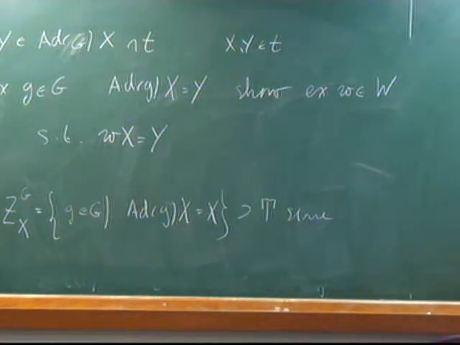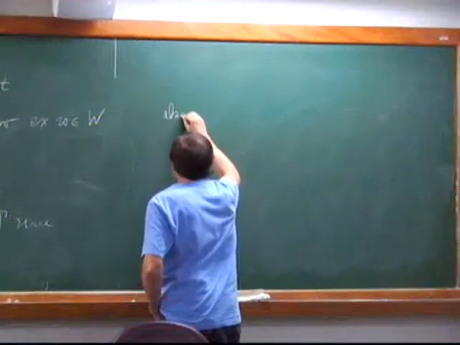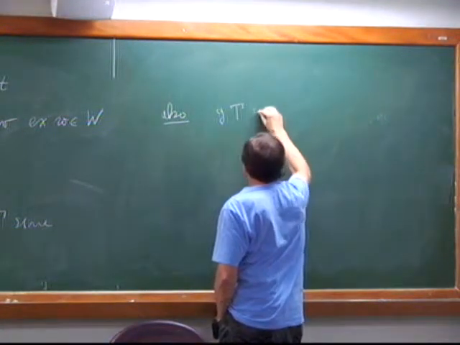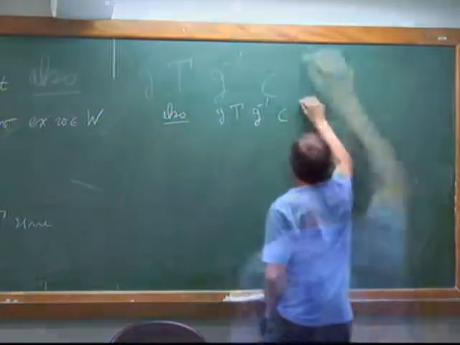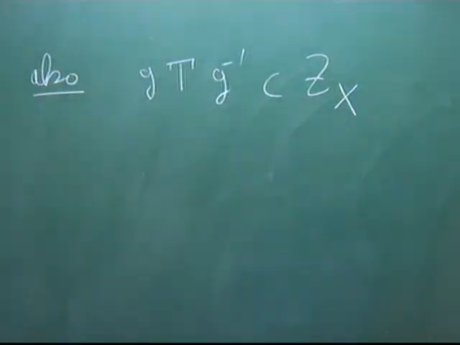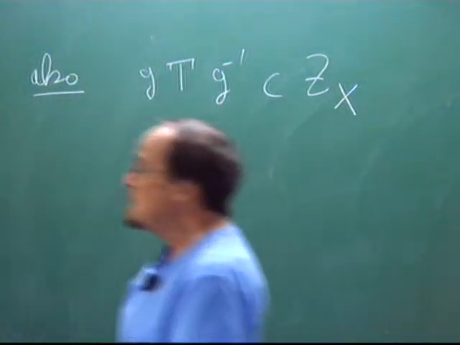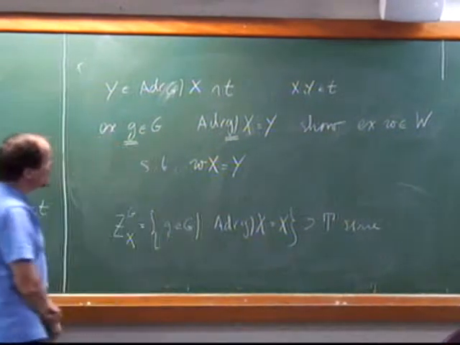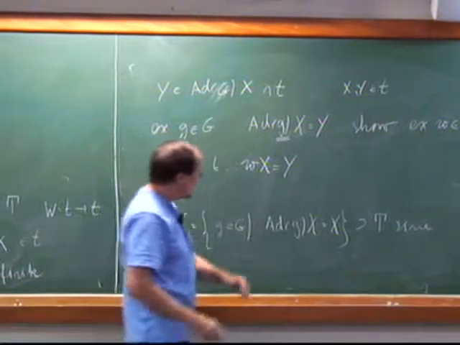And now I claim it also contains g T g inverse, the conjugate. That's also in the centralizer of x, where g is my element, which I fixed so that Ad(g) of x is equal to y.